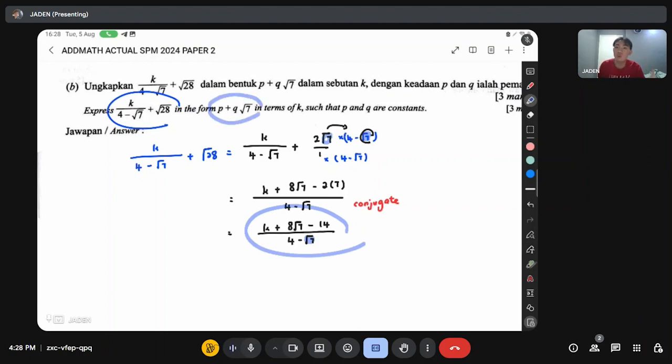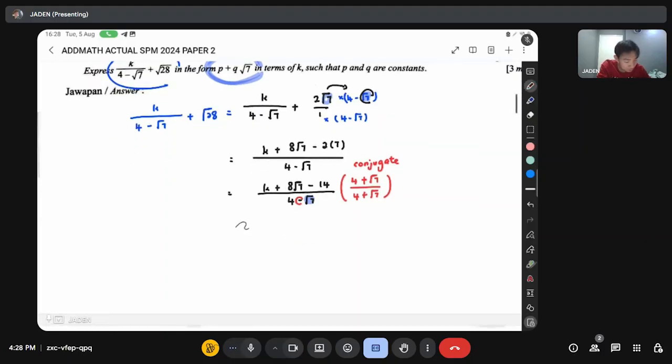So we still have to go all the way until we can actually get this format. So for the conjugate, you want to multiply by 4 plus root 7. Everything will be the same, just the sign here you have to change. That is conjugate, not Colgate.